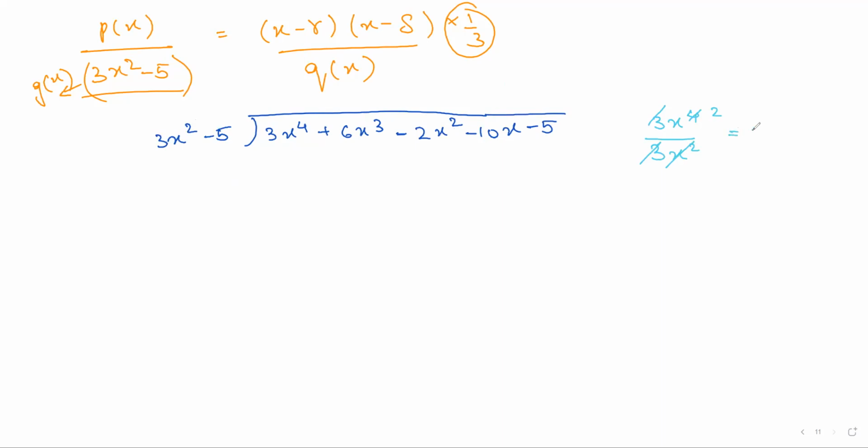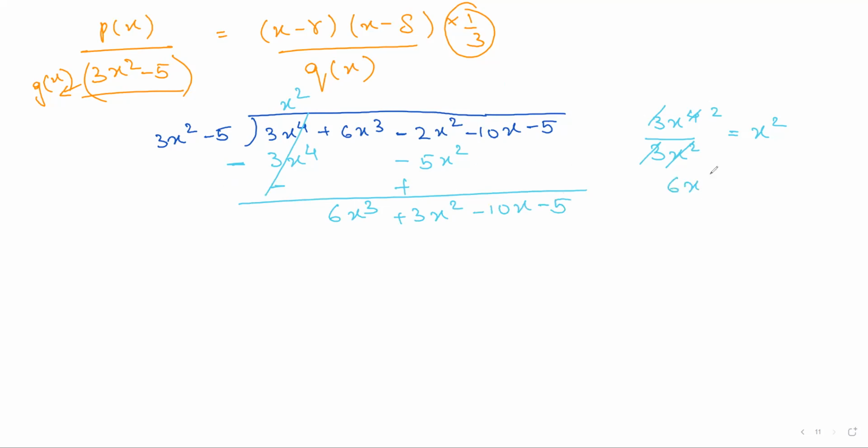Here you have x squared. x squared over here, which is 3x to the power 4. x squared multiplied by minus 5. So you have minus 5x squared. Subtraction, terms sign gets inverted. You're left with 6x cubed minus 2x squared plus 5x squared is plus 3x squared minus 10x minus 5.